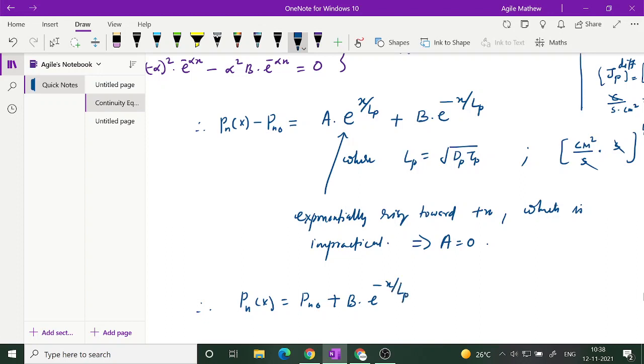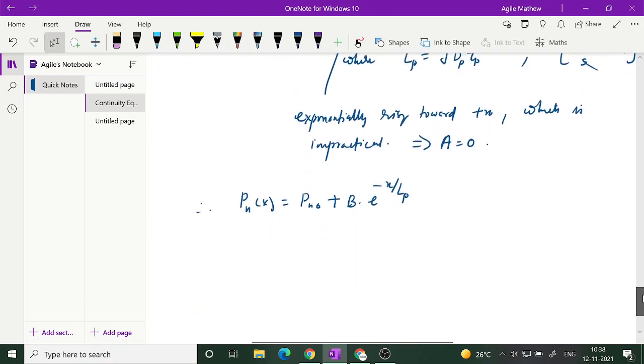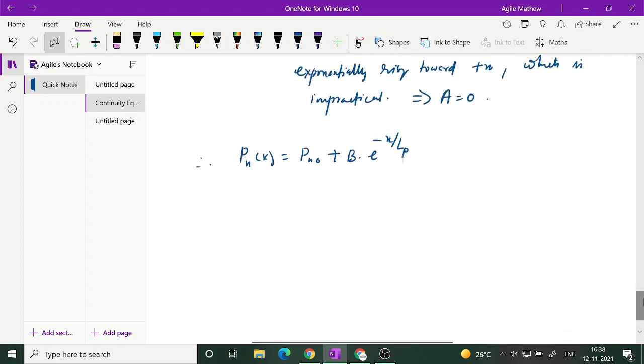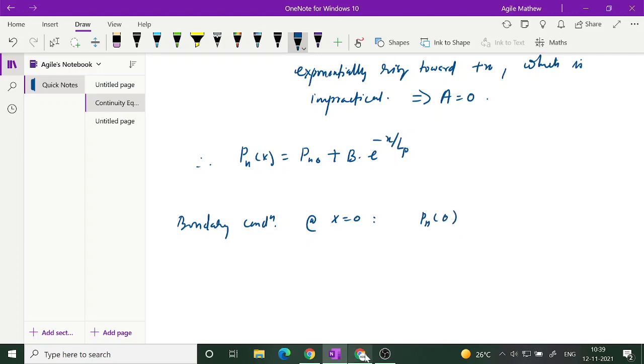This is our final expression, but we have one more constant to evaluate, so let's apply another boundary condition at x equal to 0, Pn of 0.